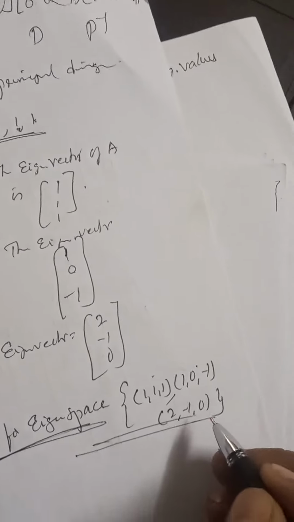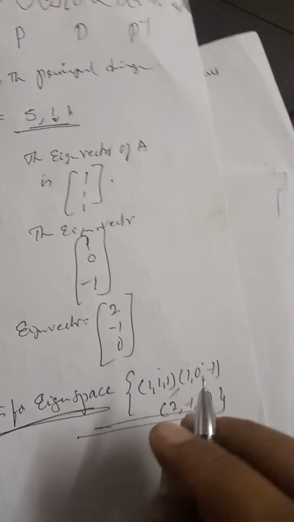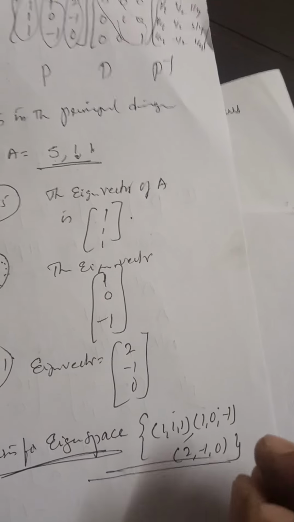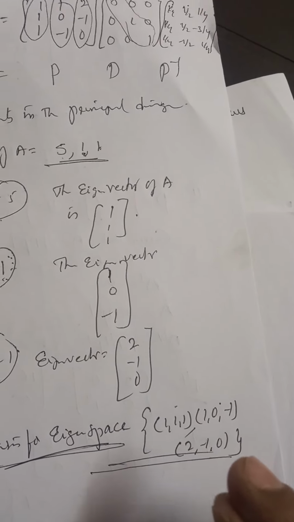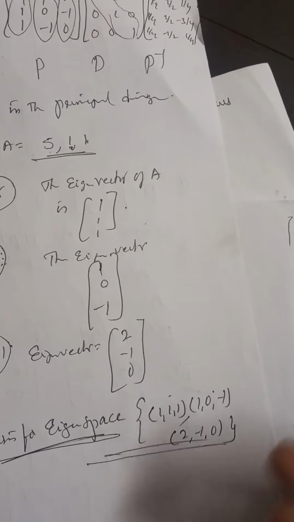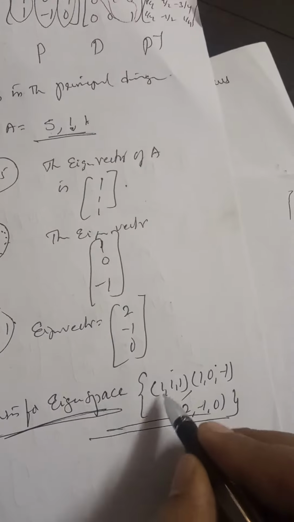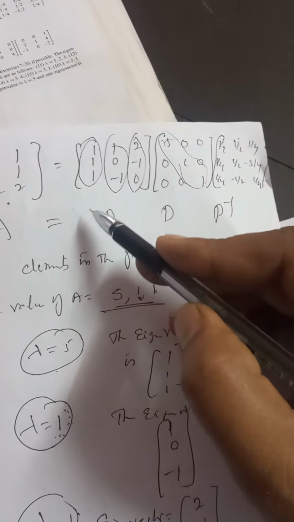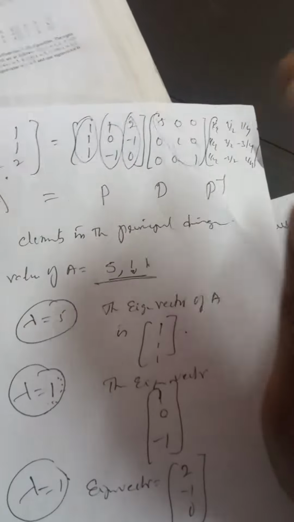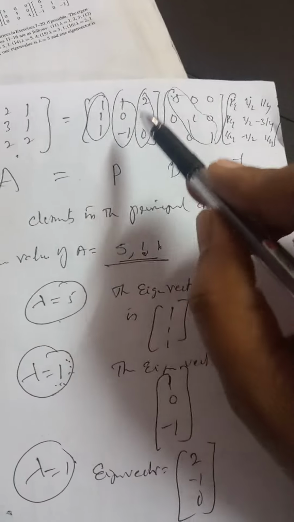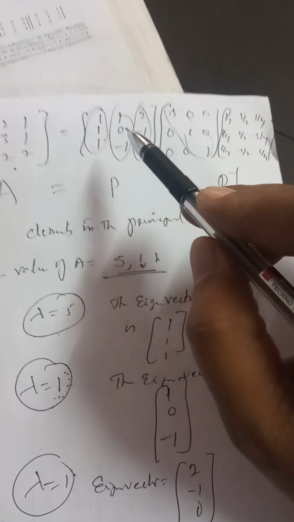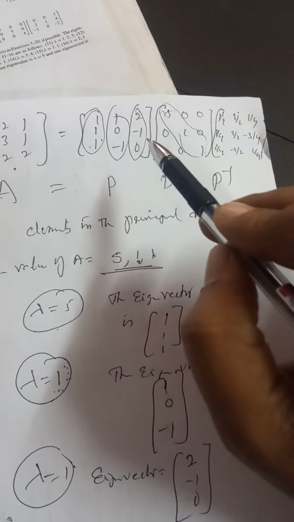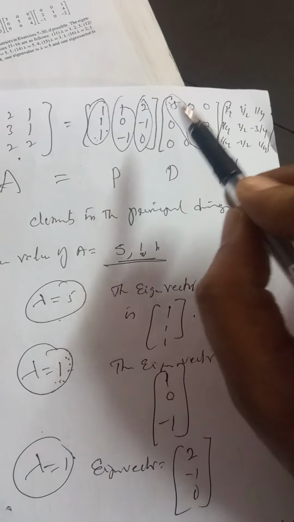These three vectors form a basis for the eigenspace. What are the elements in the basis of an eigenspace? The elements are nothing but the columns in the invertible matrix P, and these are nothing but the eigenvectors of A corresponding to the eigenvalues.